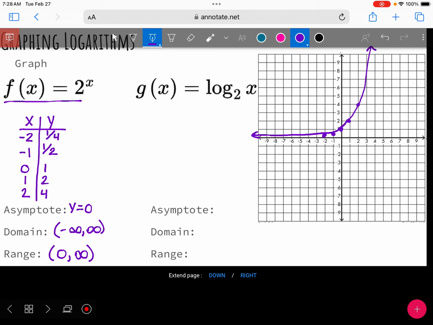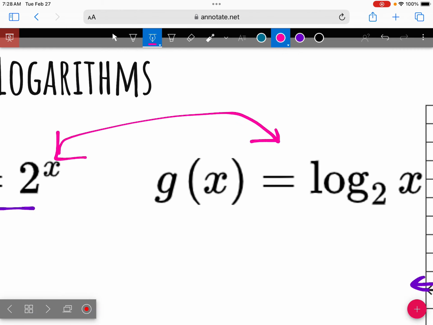We use exponentials in the creation of the log, because these two pieces are inverse operations. That was the definition we used when we wrote what a logarithm was.